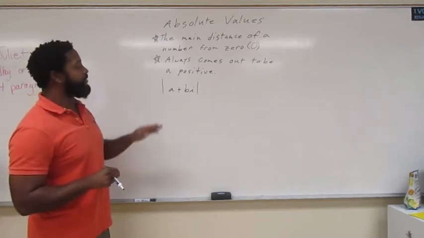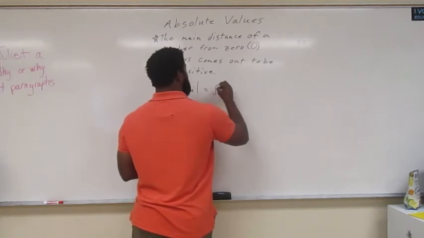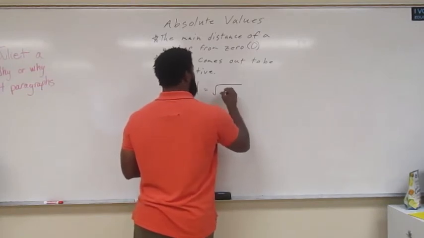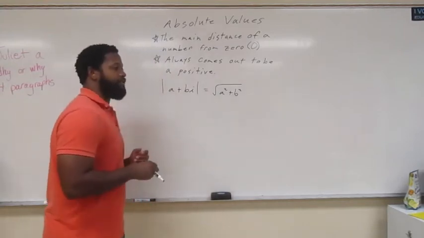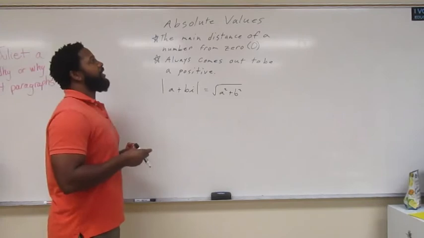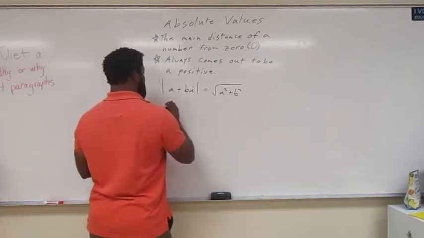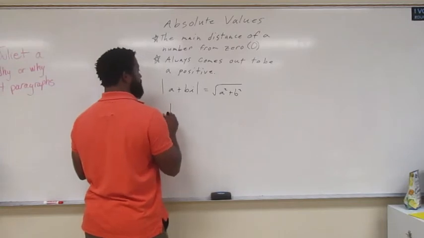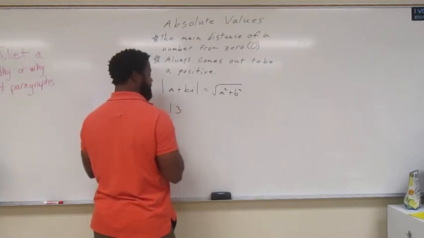It's the absolute value of A plus BI, which is equal to the square root of A squared plus B squared. Okay? So say, for example, you have the absolute value of 3, right?